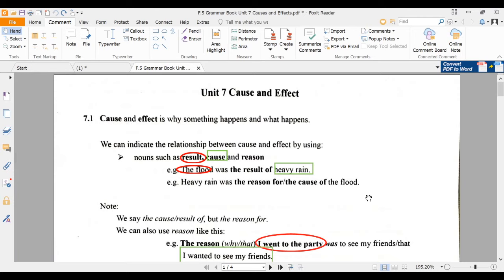It would be a very short quiz, about 20 minutes. We will be doing it through a Google form. I have done the form myself, so there shouldn't be much problem with the technical stuff. The topic of the quiz will be cause and effects, which is Unit 7.